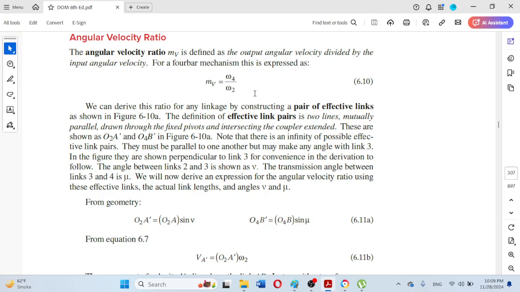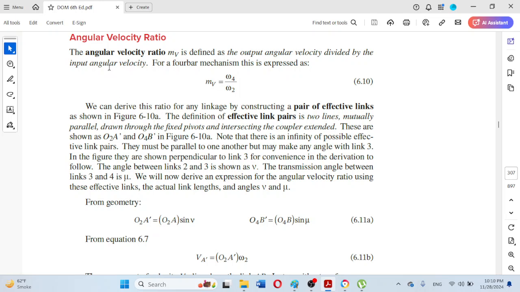So this angular velocity ratio is omega 4 by omega 2, and this ratio relates the output and input angular velocities mutually. Here it states that we can derive this ratio for any linkage.